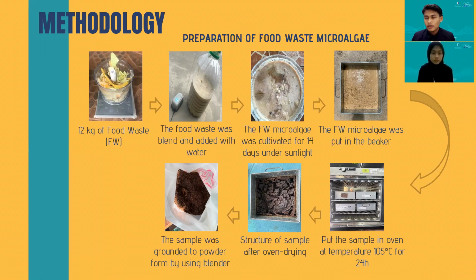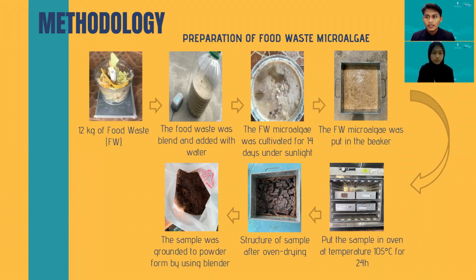The first methodology to start our project is to prepare the food waste microalgae. 12 kilograms of food waste consisting of protein, carbohydrate, fat, and grains groups was blended and added with water.